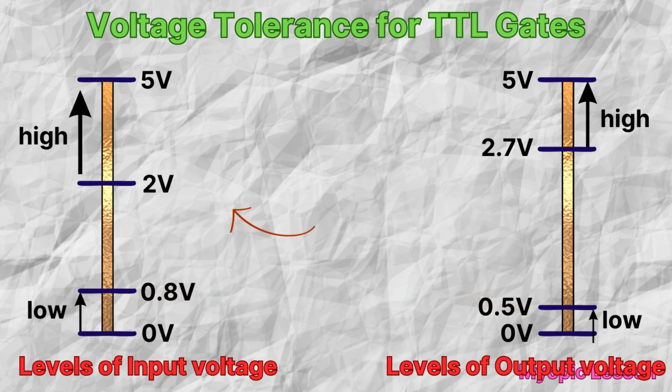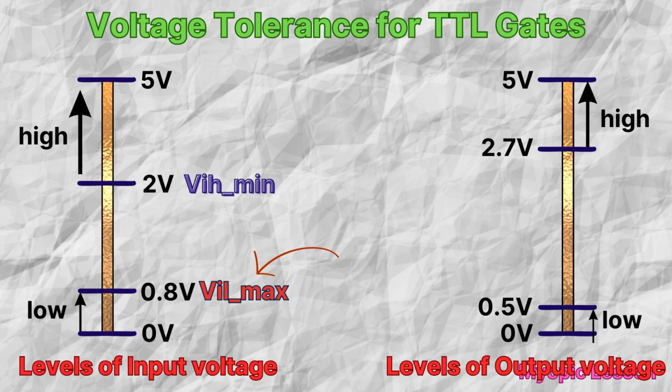The minimum voltage required at the input for which it will be treated high is called VIH min. The maximum voltage permissible at the input for which it will be treated low is called VIL max.